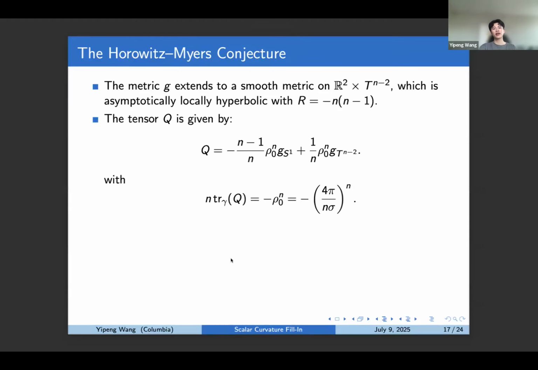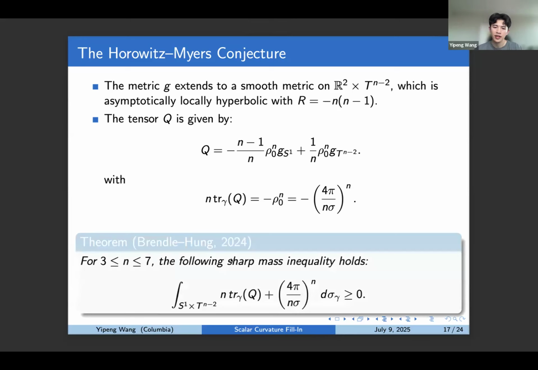And then they can compute this expansion at infinity explicitly, and that defines this 2-tensor Q on the boundary. And then you can explicitly evaluate that the trace of Q will be something negative, and it will depend on this systole quantity sigma here.